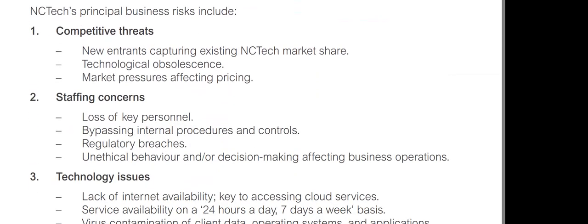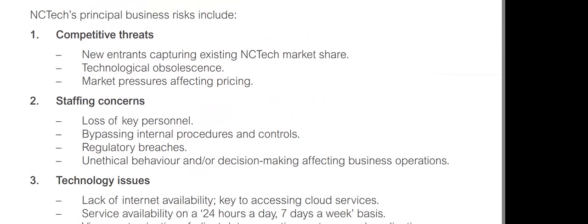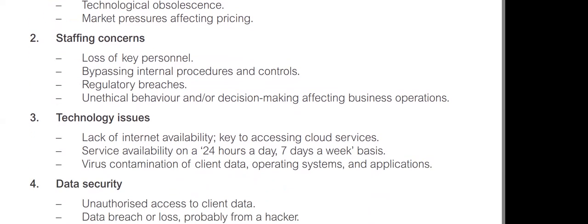Then you have been told about the principal business risks, like the competitive threats, new entrants, technological obsolescence, market pressures affecting pricing, staffing concerns like loss of key personnel, bypassing procedures, controls, regulatory breaches. Now you need to see how these closely relate to your operations. For example, security breaches, that's a huge concern.